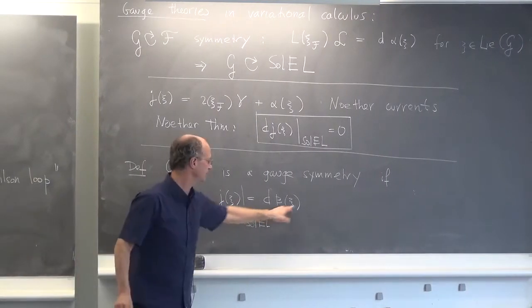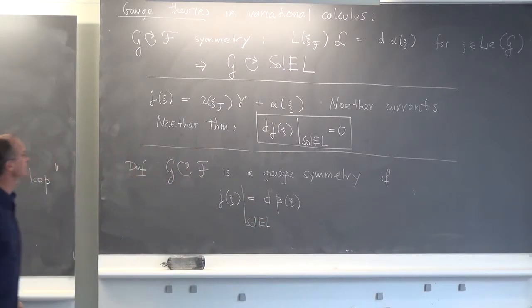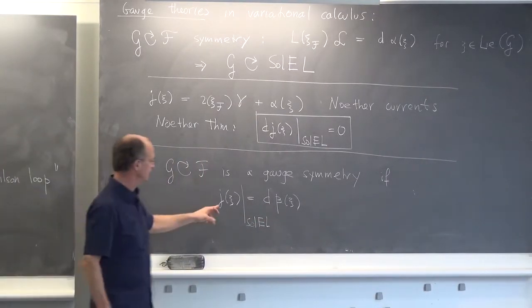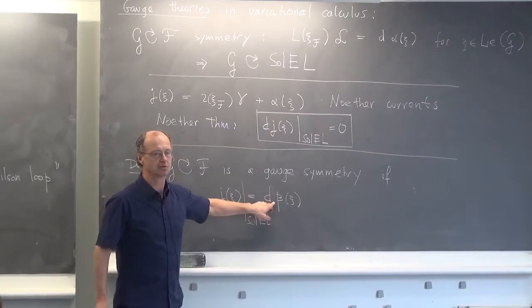So there are beta of psi's such that the Noether currents are total derivatives.